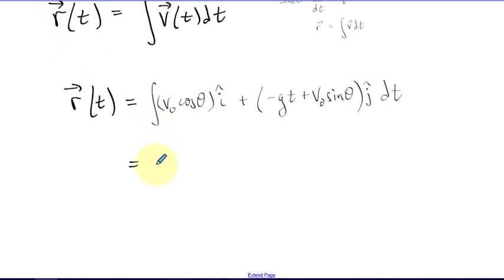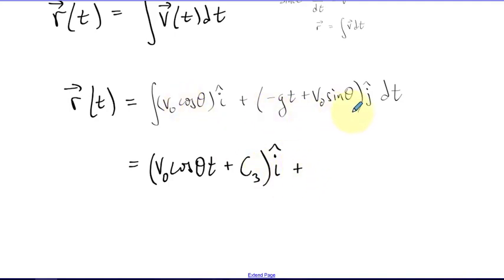First of all, integrating with respect to t. v0 cos theta times t plus an arbitrary constant that comes from the integration in the i component. So we can call this any letter, and I think I'll just go ahead and say c3, a third arbitrary constant that comes up in this integration. And all this has to be on the i component. Now, take a derivative with respect to t, and you have to be back here just on the i component.